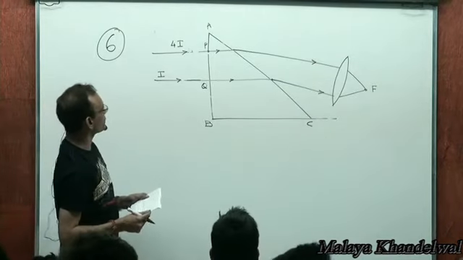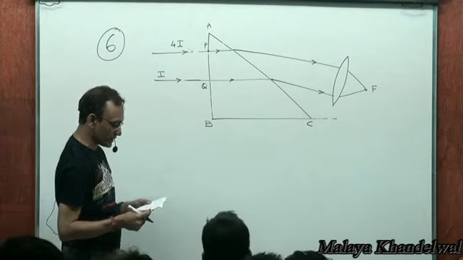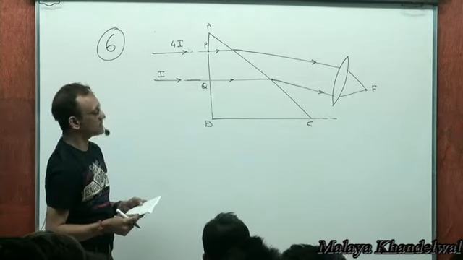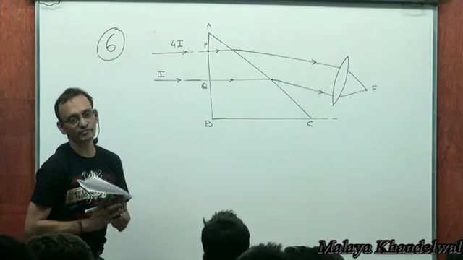If the intensity of the upper beam is 4I and the intensity of the lower beam is I, then we want to find the resultant intensity at the focus F.